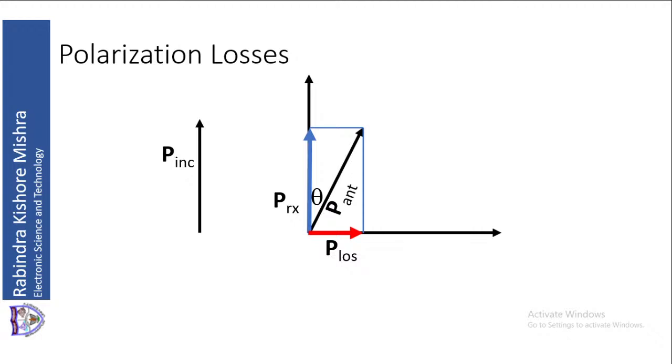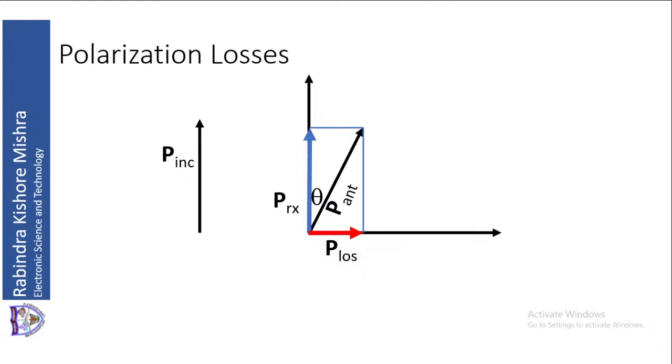So we'll have P_RX, P_loss. Why do we call it P_loss? Because P_RX is compared to P_incident. RX is received power, TX is transmitted power. So if P_RX is equal to P_antenna, which means the antenna is oriented along P_incident, then the power coming towards the antenna will be intercepted by the antenna completely.